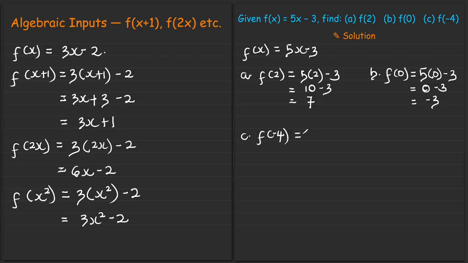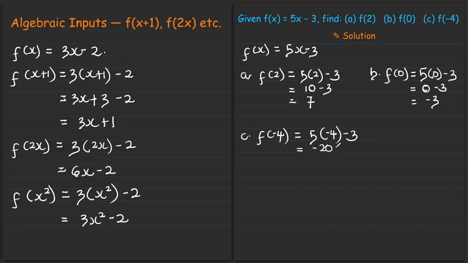Do take note of how you work with your integers, especially if they are negatives. So you have 5 into bracket. Instead of the x, we put a negative 4. Then we have minus 3. 5 times negative 4 gives us negative 20.